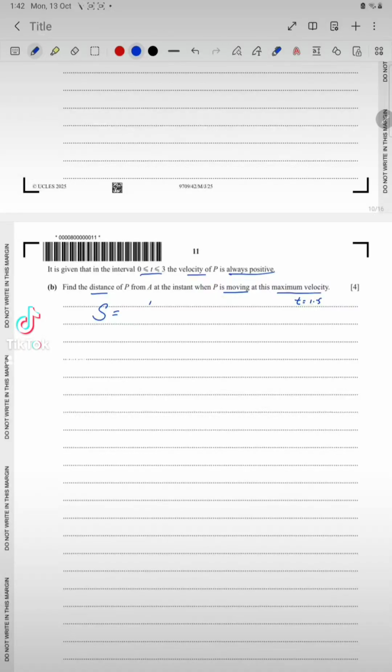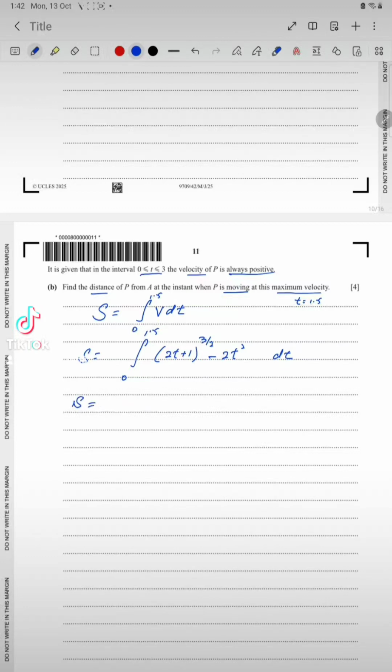So it means from 0 till 1.5, not 3. I can substitute the limits and integrate the V. S will be from 0 till 1.5 of V, which was 2t plus 1 power 3 by 2 minus 2t squared, dt. We can integrate this.